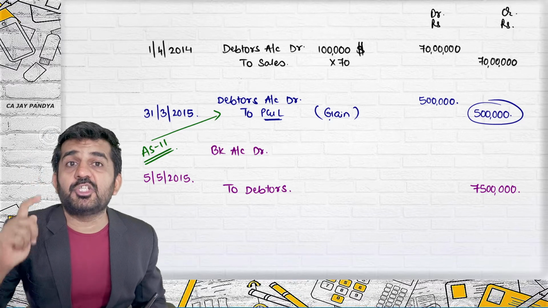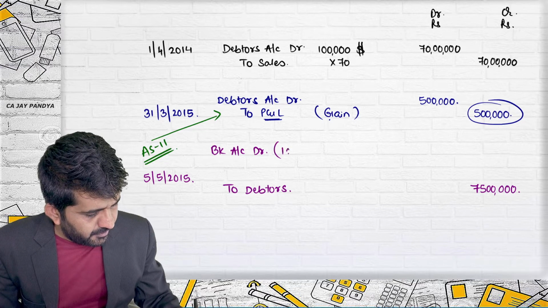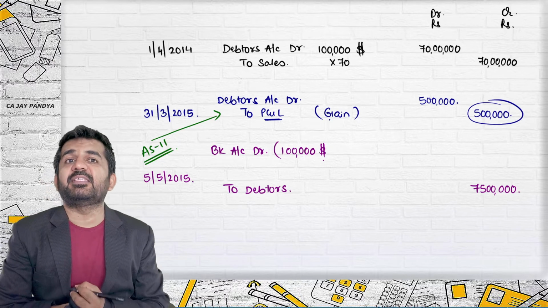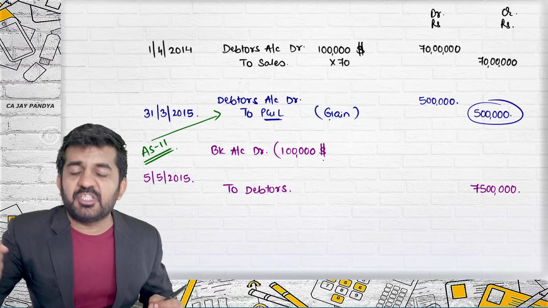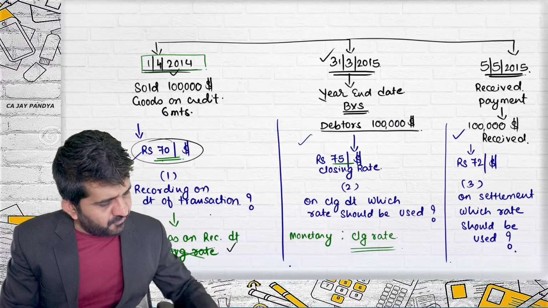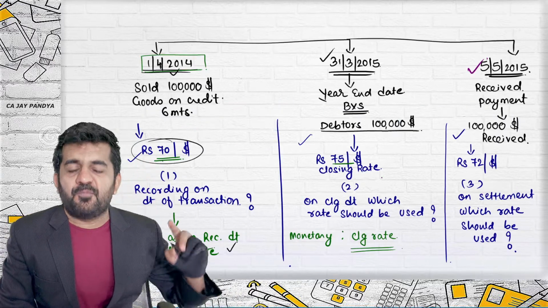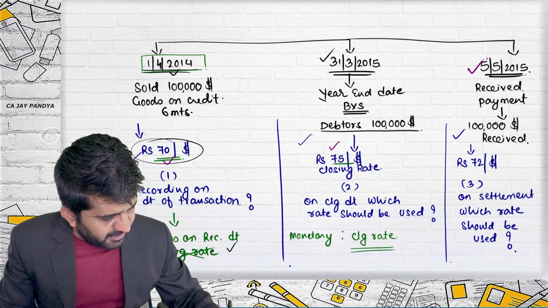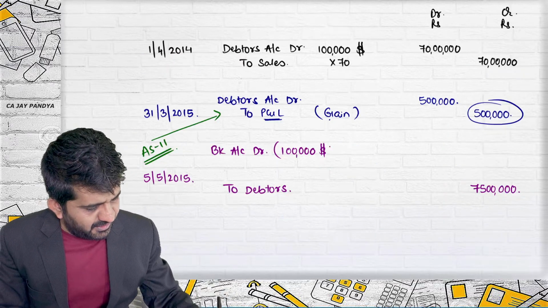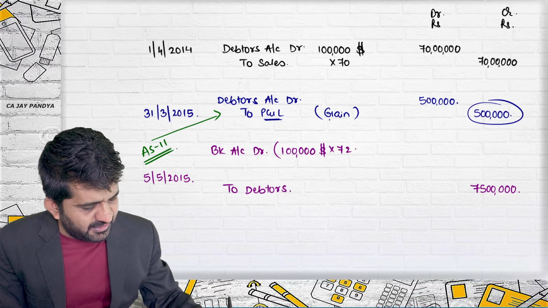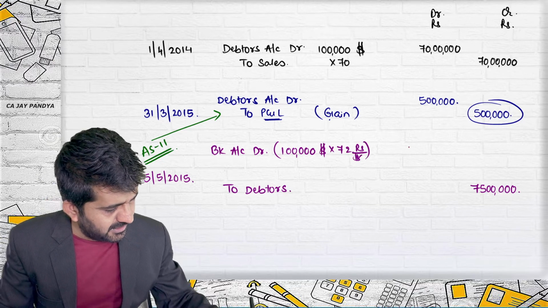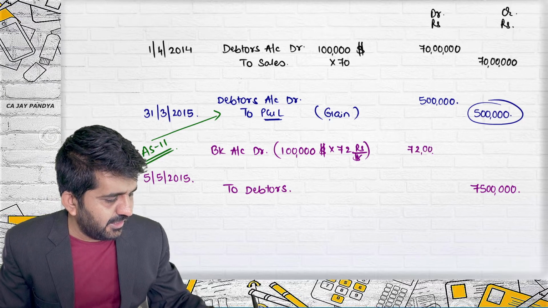And as Drashti told us, we will not be receiving any rupees. We will be receiving dollars. On which date? 5/5. So we will be converting it into rupees on 5/5. On 5/5, the rate is neither 70 nor 75, it is 72. So what we'll be receiving is a bank account debit of only 72 rupees per dollar. Dollar will get cancelled. It will be 72 lakhs.